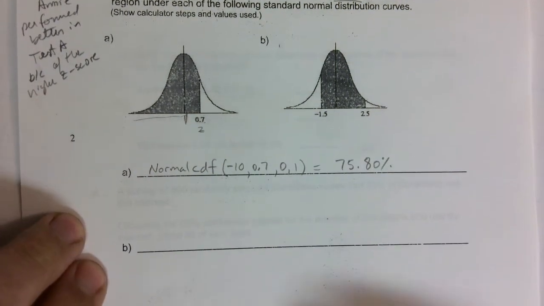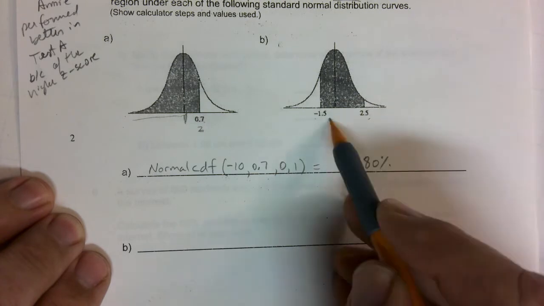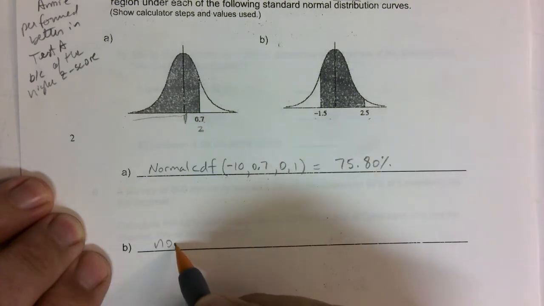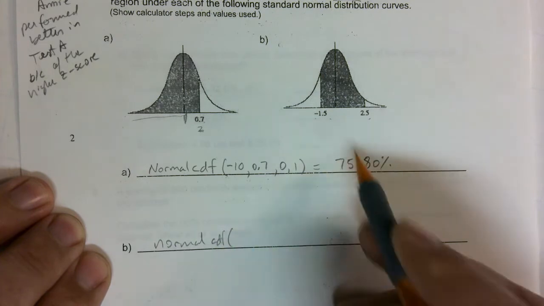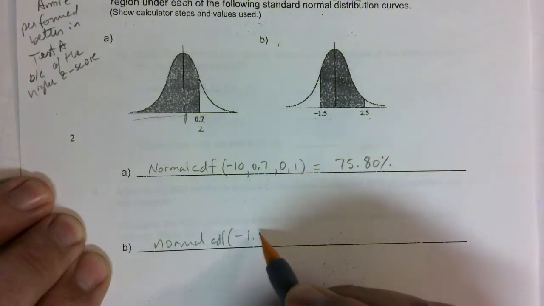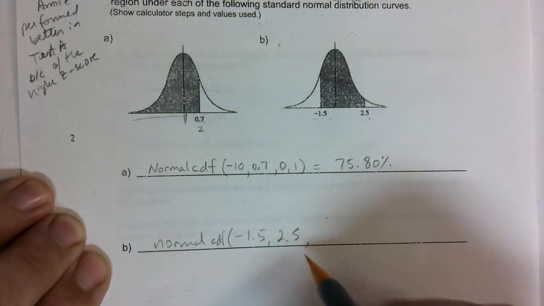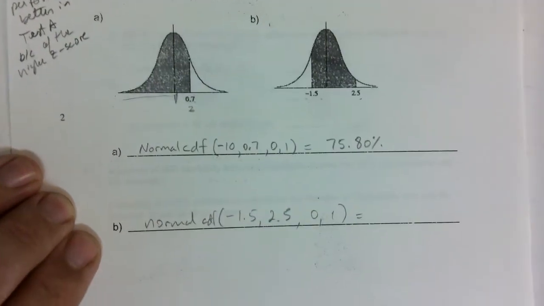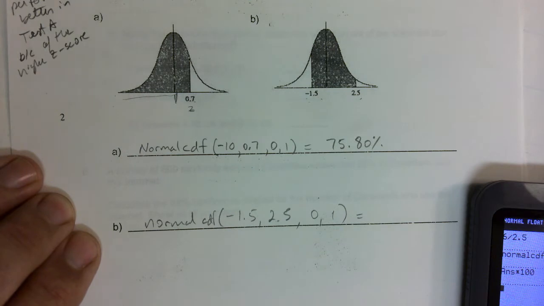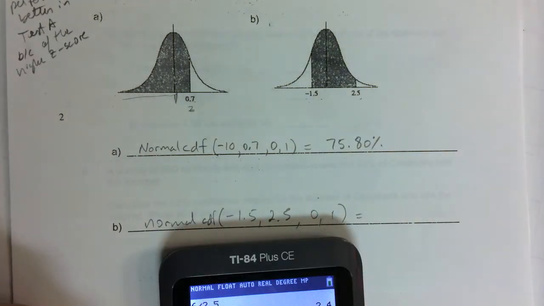Okay, and then they want the z-score here, so we're going to give them that normal CDF. They're giving me a high and a low, right? So minus 1.5 to 2.5, and it's 0, 1 if it's a z-score. I don't have to tell you that. So I'm going to borrow that one from up there and then just overwrite things.